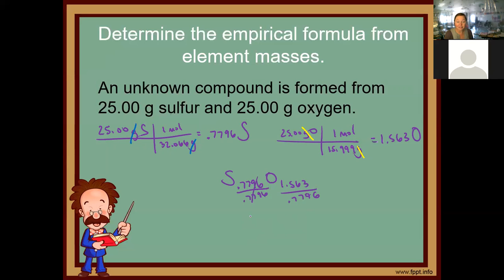That's an easy one for sulfur. It's just a 1. What do we get for oxygen? 1.563 divided by 0.7796. 2-ish. Voila, SO2. Good? Not terrible, right?